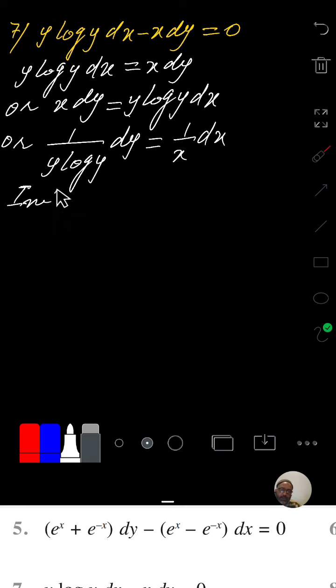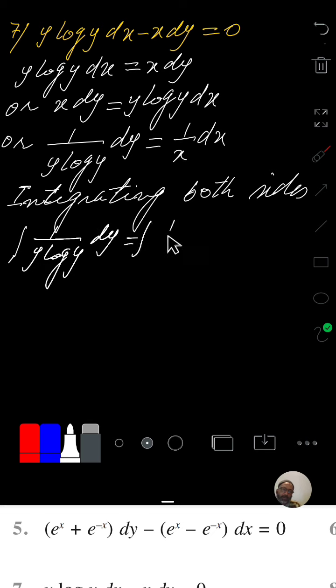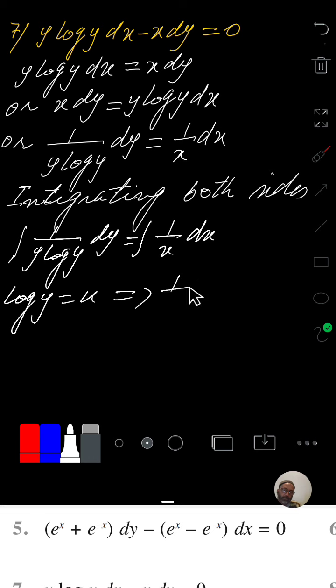Integrating both sides, we get integral 1 upon y log y dy. On the right hand side, we get integral 1 over x dx. So here this is quite simple. This is integration by substitution format, where we need to assume log y is equal to u, which implies that differentiating both sides of this equation, we have 1 over y dy is equal to du.